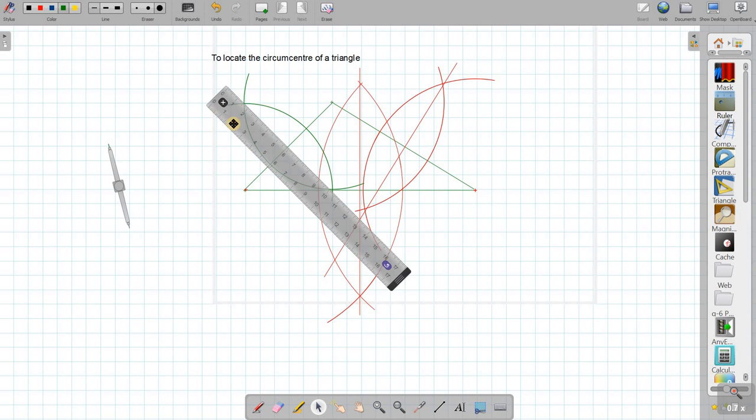Let me take that one line I am taking. When I bring it here, the hand icon comes. Means I can draw the third line also. Third line also is drawn. The three perpendicular bisectors are drawn now.